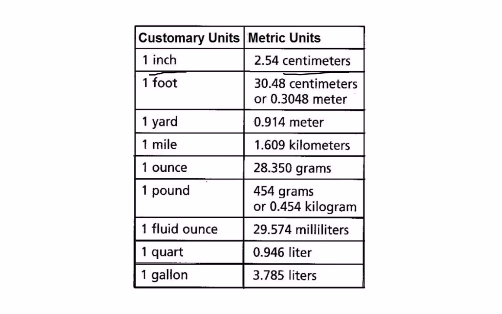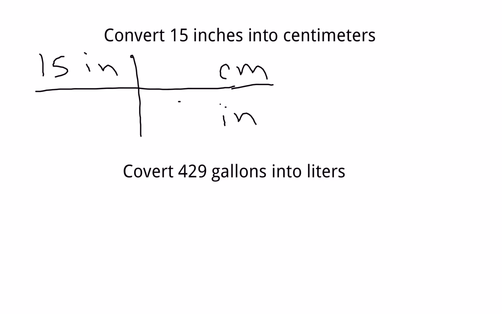So let's go back. For every 1 inch, there's 2.54 centimeters. So that means that an inch is larger than a centimeter, because there's 2.54 centimeters for every 1 inch. So that means inch will get the 1, 2.54 for my centimeters.